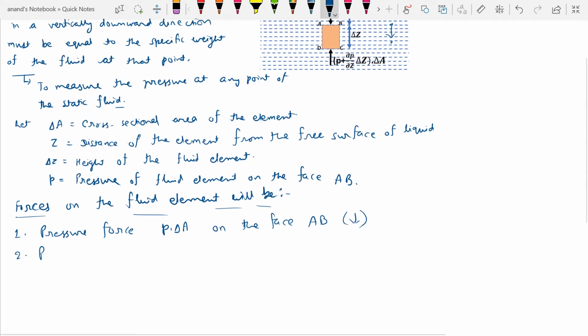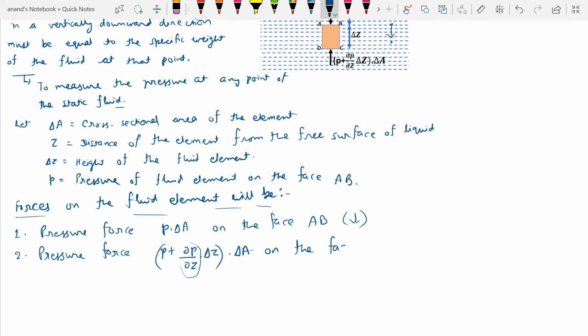Now, the pressure force P plus del P upon del Z into del Z. Del P by del Z refers to the rate of variation of pressure in unit length, and on the del Z length the pressure varied will be del P by del Z multiplied by del Z, into del A on the face CD. This pressure force will act in the upward direction.